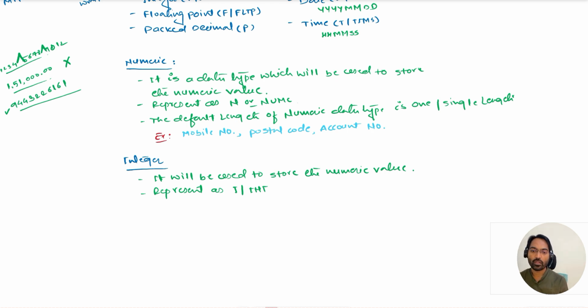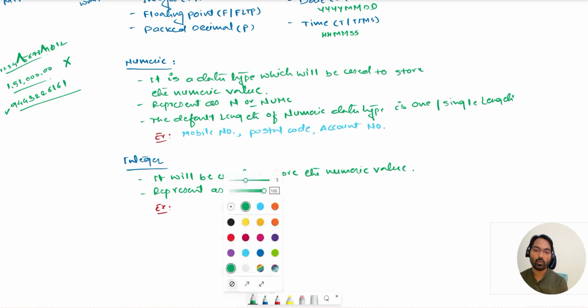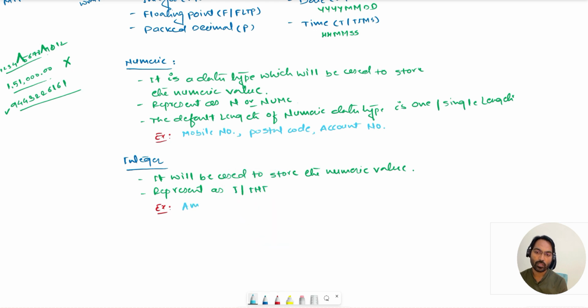Next, with the help of integer, what kind of data can I store? Only the amount, because with integer it will always store the data separated by comma, not with a full stop, only separated by comma.